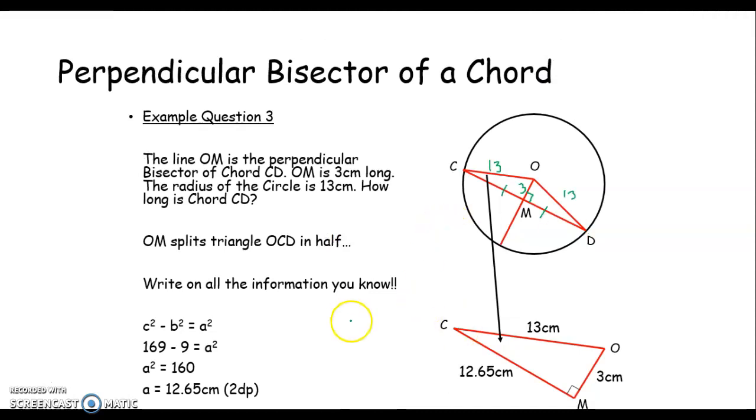So all we have to do is double that. Doubling 12.65, we get 25.3. So 25.3 centimeters is the length of the chord.